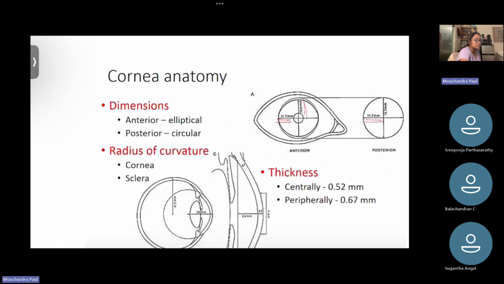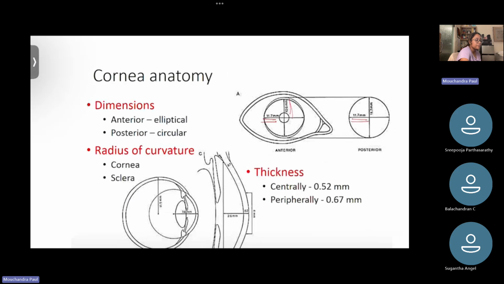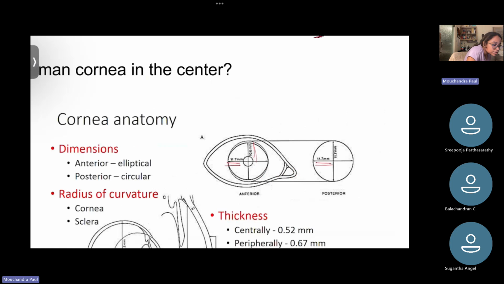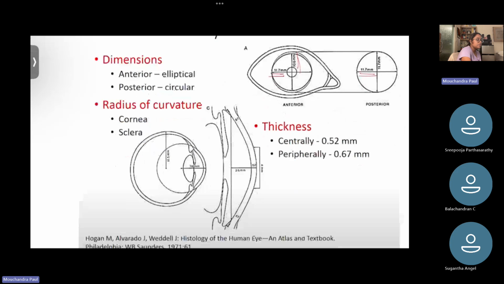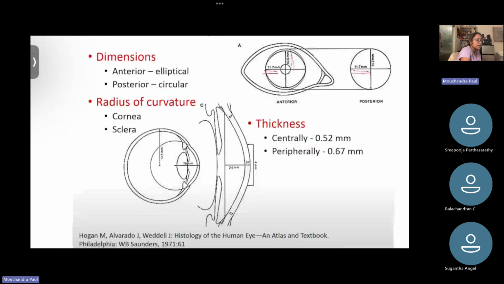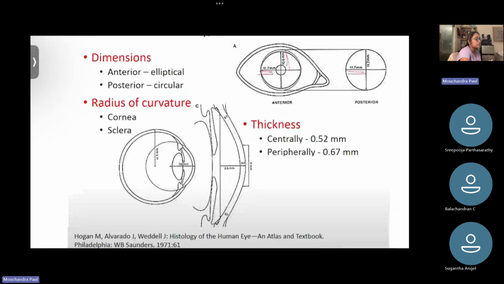The diameter of the cornea in the anterior is around 11.7 mm, and in the posterior it is around 10.6 mm. Anteriorly it's kind of elliptical, note that, and posteriorly it is circular. So the corneal shape is different depending on how you are looking at it.